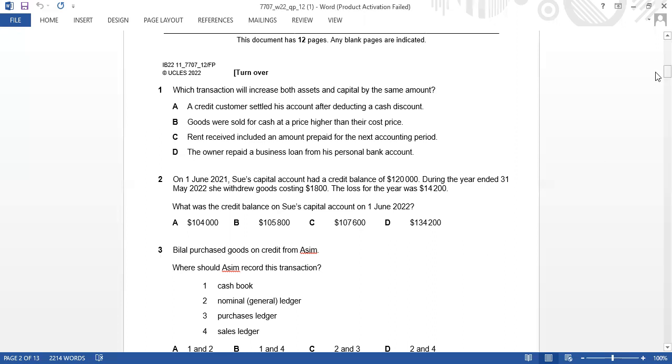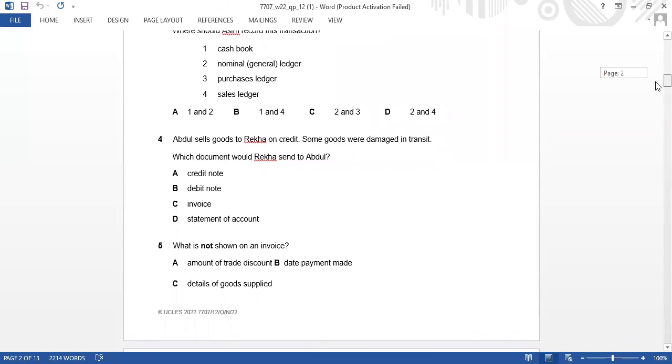Okay, moving towards fourth question. Abdul sells goods to Rekha on credit. Some goods were damaged in transit. Which document would Rekha send to Abdul? Abdul is a supplier who sells goods to Rekha, a customer, on credit.